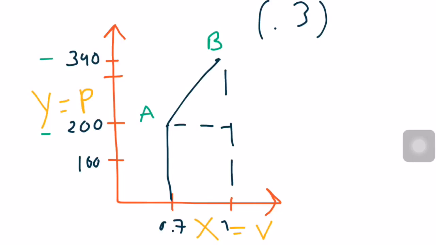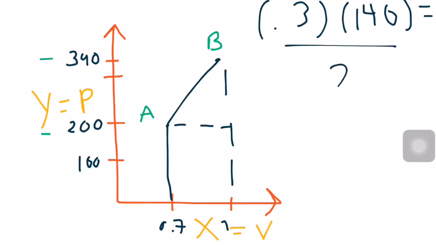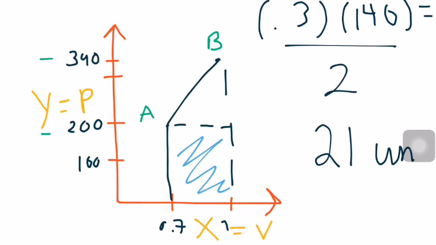So the height is 140 units. And this result we have to divide by 2, and the result is 21 units. And we are missing this shape.